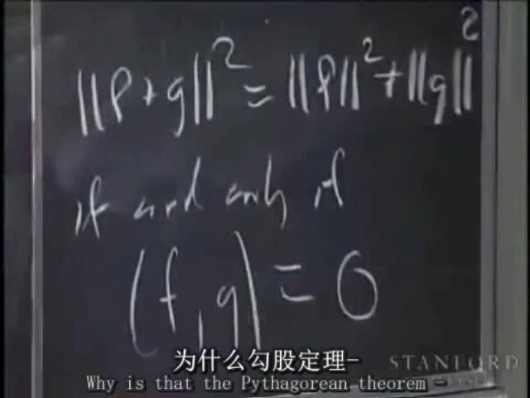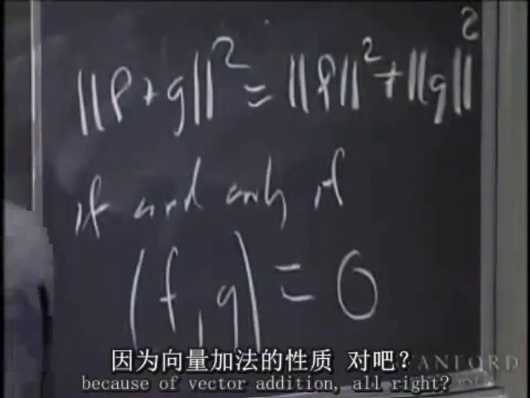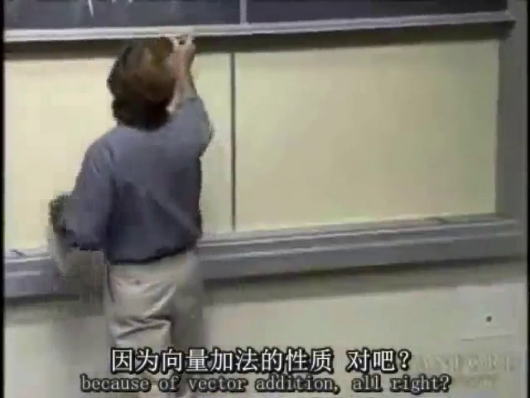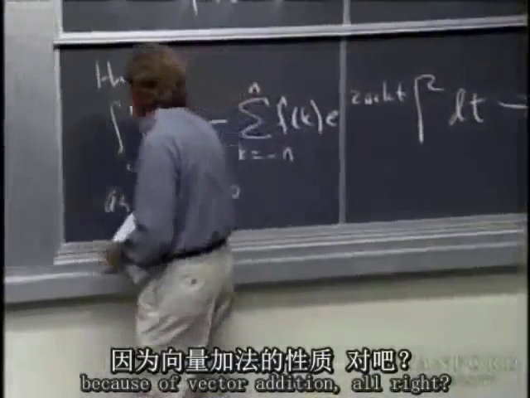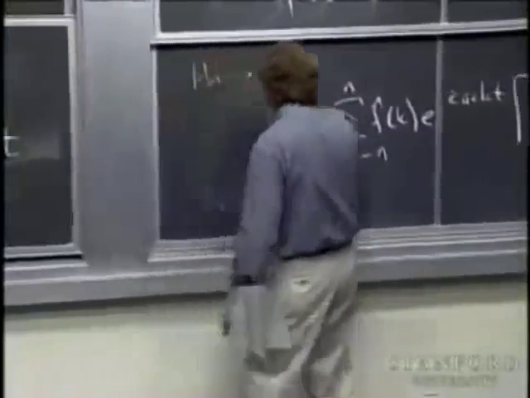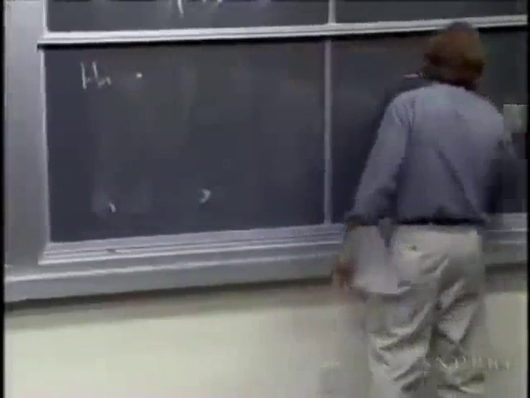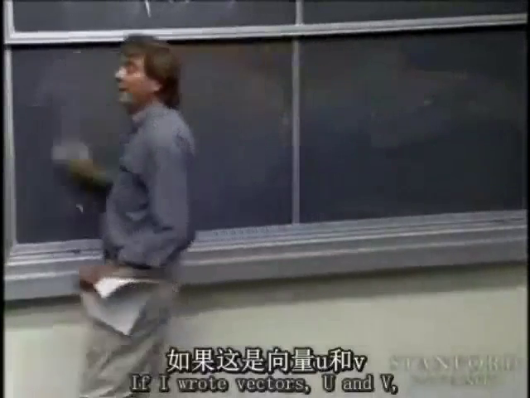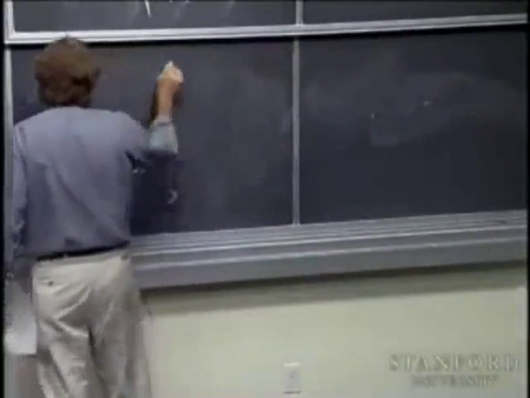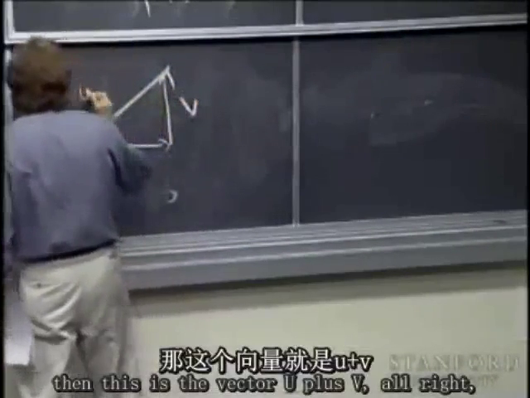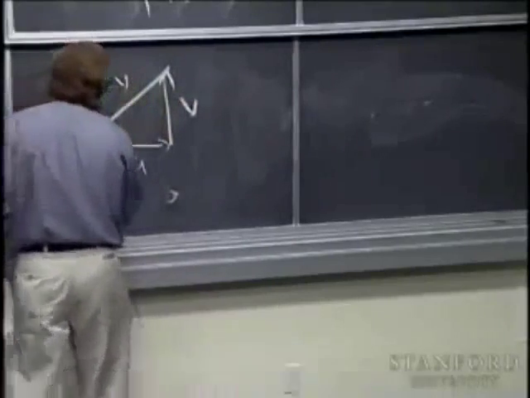Why is that the Pythagorean theorem? Because of vector addition. Right? If I wrote vectors u and v, then this is the vector u plus v, right? If I just write vectors.